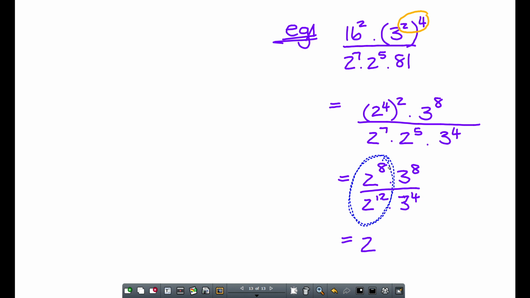And when base is the same when we divide, what do we do with exponents? Minus, so it's actually 8 minus 12. Nee. Okay, and then 3 to the power of, so ek werk nou met die tweekies, dan is dit 8 minus 4. Nee. Okay, so 2 to the power of minus 4 times 3 to the power of 4.